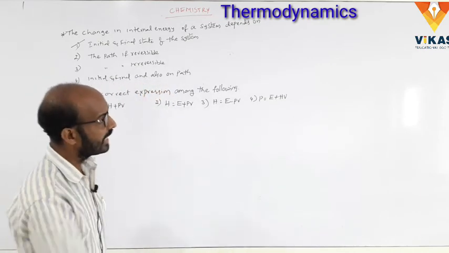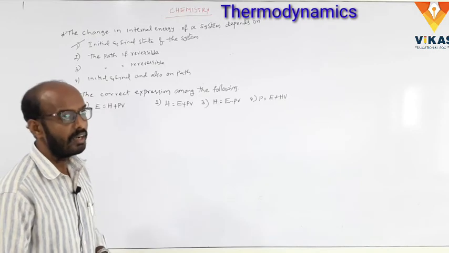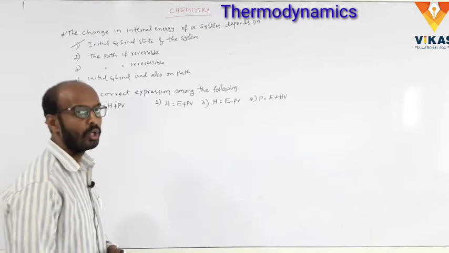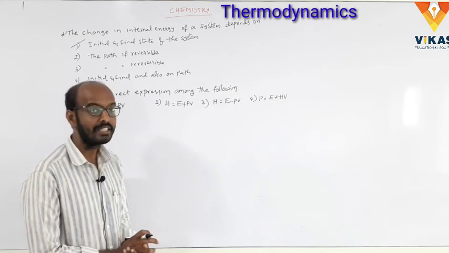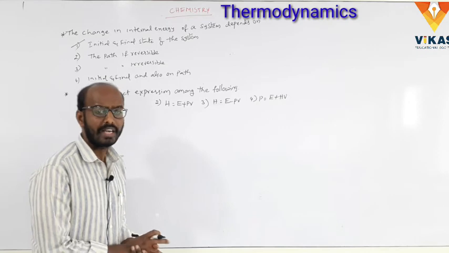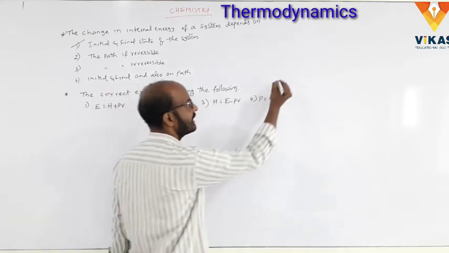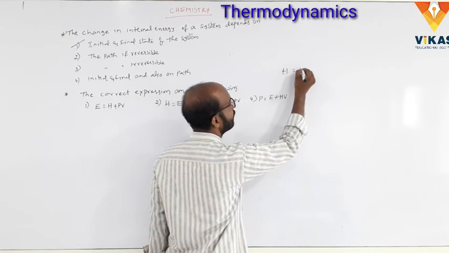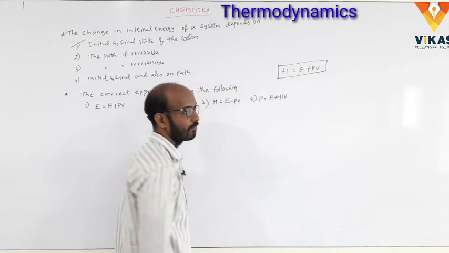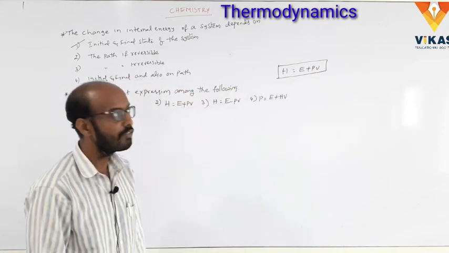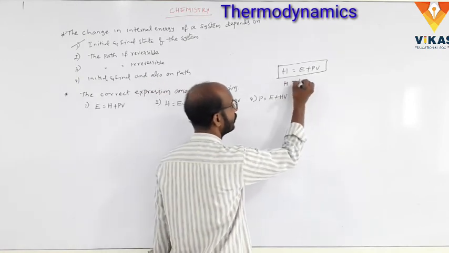So we know the enthalpy. What is the enthalpy? It measures the total heat content present in the system. Clausius gave the formula for enthalpy: H is equal to E plus PV, or H is equal to U plus PV.